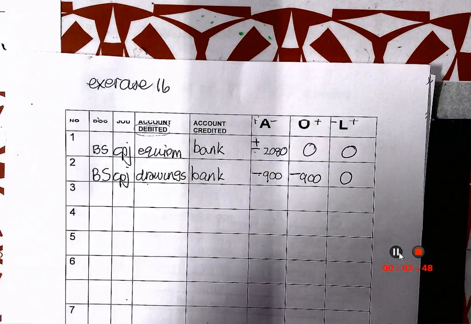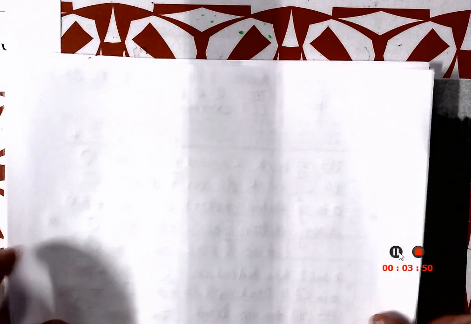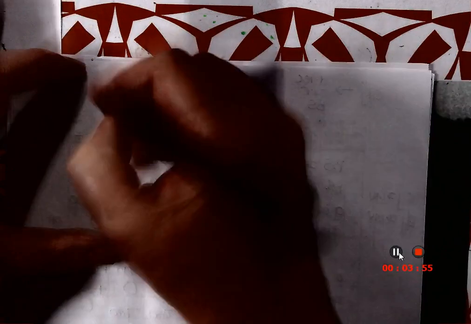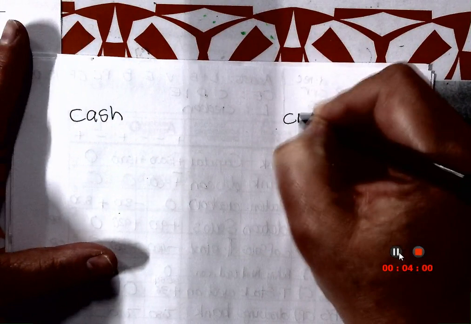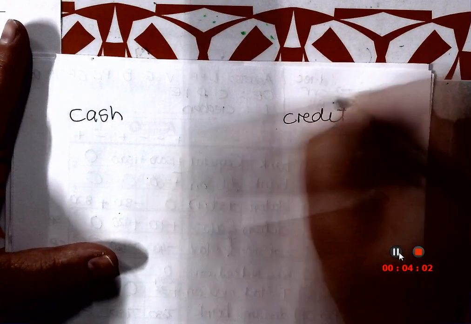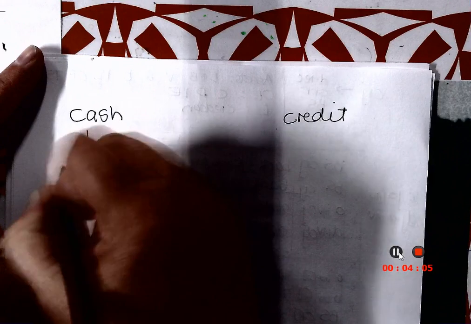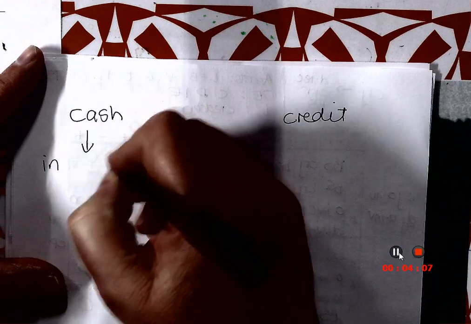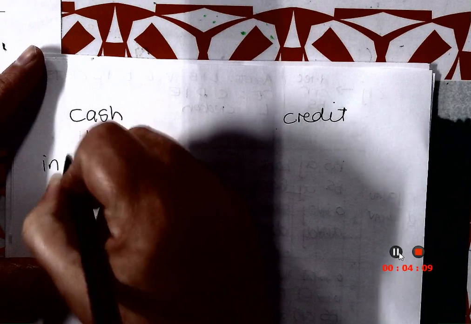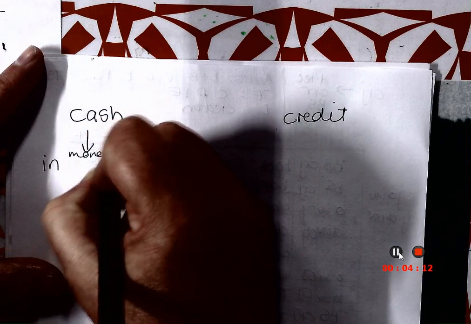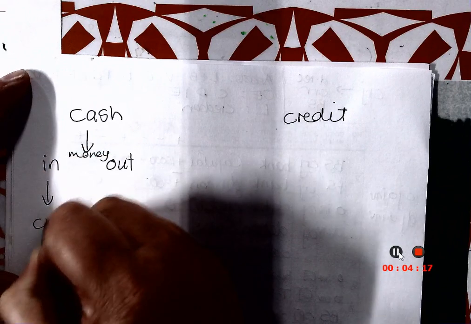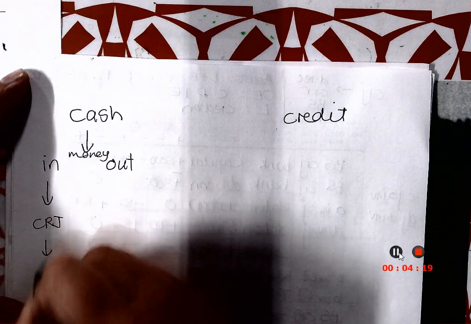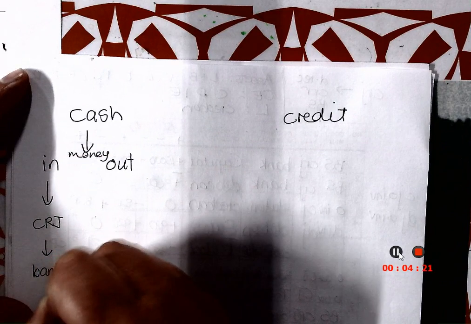Let me write it down in a nice way for you, and I want you to copy it somewhere. You've got an open page. So let's do this. So I ask, is it cash or is it credit? If it's cash, is it money in or is it money out? If it's money in, it's a CRJ. Then bank will be debit.